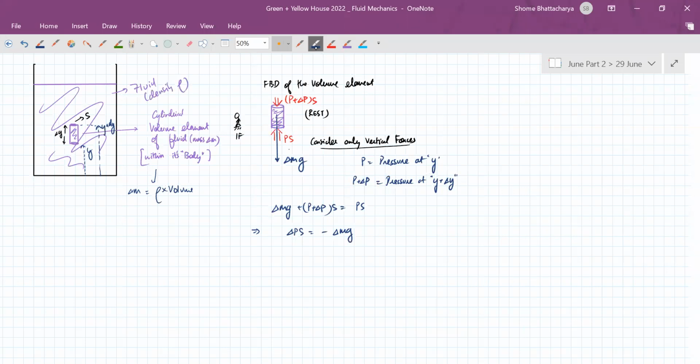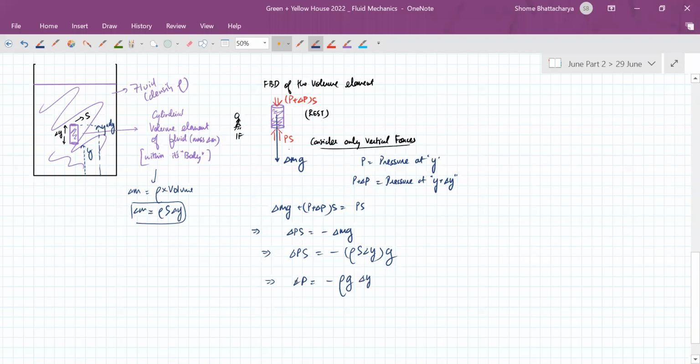Its volume will be the cross-sectional area into the vertical height, delta y. So delta m is substituted as rho S delta y. The change in pressure into S is equal to minus density into volume into g. From this you can see that the change in pressure is minus rho g delta y.